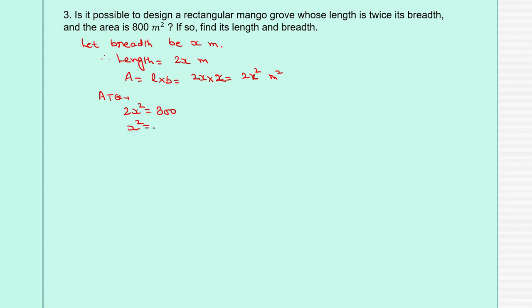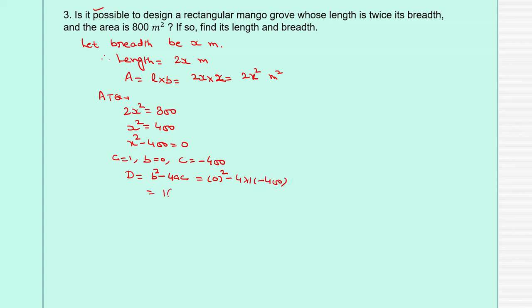From here we get x square is equal to 400. X square minus 400 is equal to 0. As it is asked whether it is possible, we have to discuss the nature of roots. From here a is 1, b is 0, c is minus 400. Finding the discriminant, D is equal to b square minus 4ac, means 0 square minus 4 into 1 into minus 400.